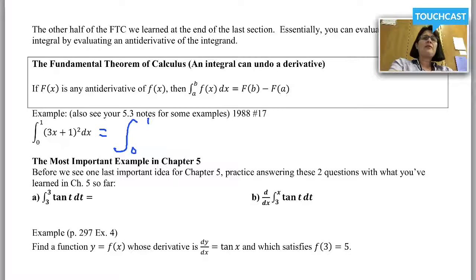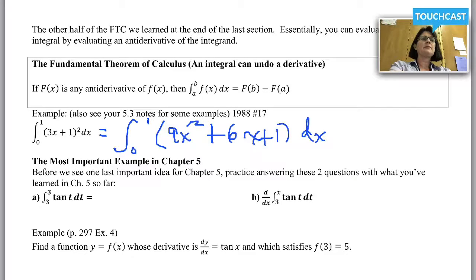So notice here, if I rewrite this, you guys use the word FOIL, if I multiply this polynomial out, I'm going to have the integral of 9x squared plus 6x plus 1 dx. Then, let me get more room.